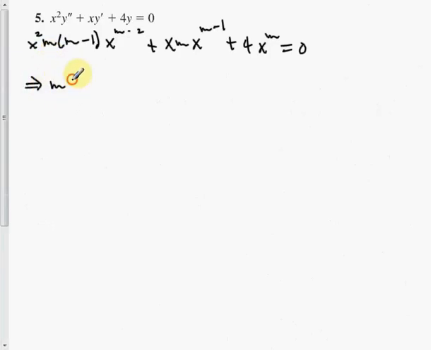So this is m times m minus 1 times x to the m minus 2, plus x times m times x to the m minus 1, plus 4 times x to the m. And so this implies that we have m times m minus 1 plus m plus 4 equal to 0.